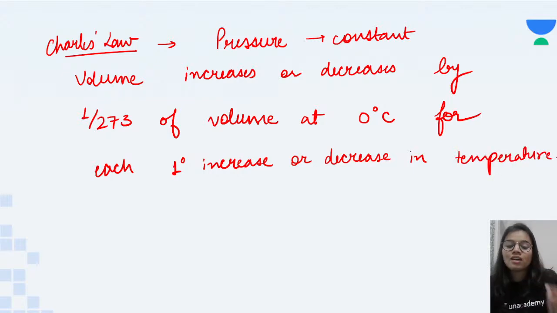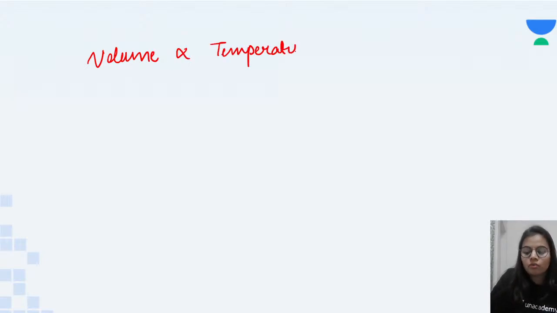Charles' law can also be explained by another statement. The volume of any given mass of dry gas is directly proportional to temperature, and the quantity that remains constant here is pressure.